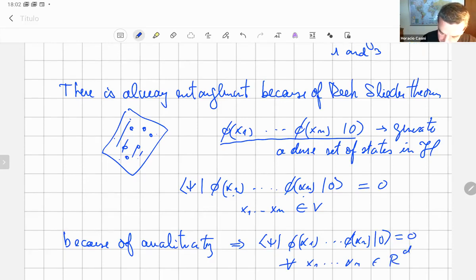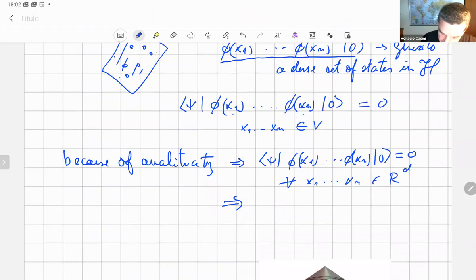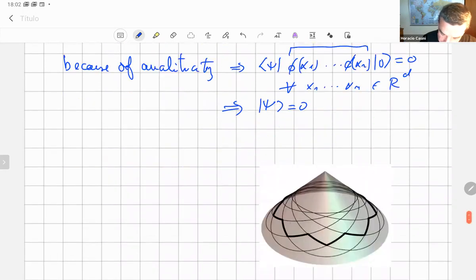So then it must be the case, because by definition the Hilbert space is generated by the field operators acting on the vacuum for all points of the space-time, that phi is just 0. So this is the way the Reeh-Schlieder theorem works.